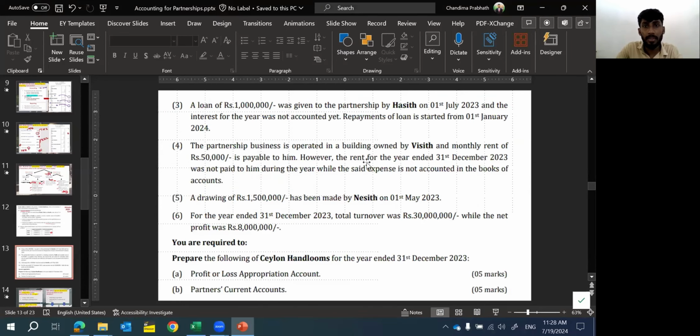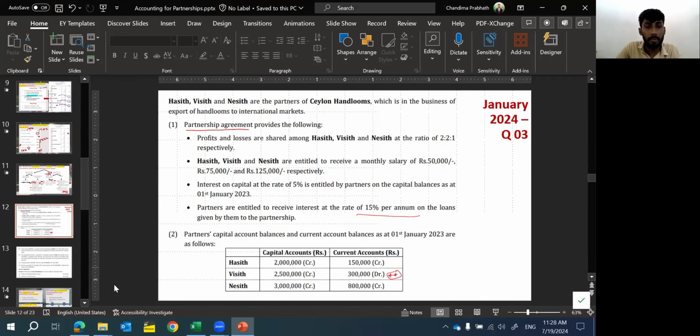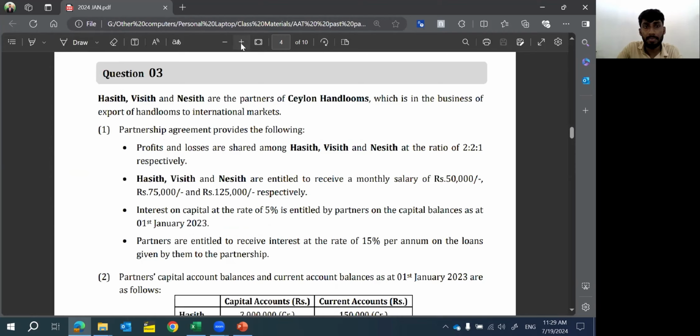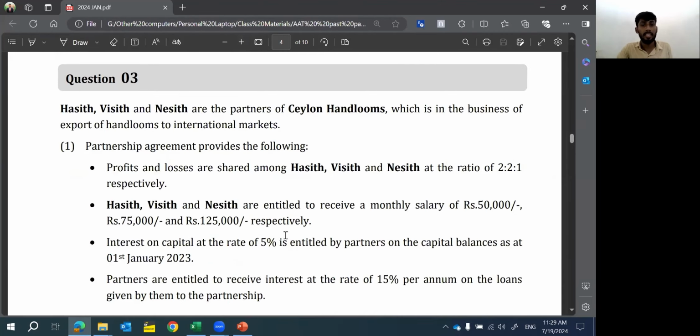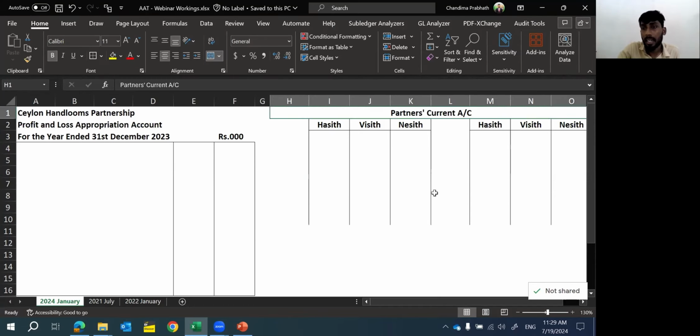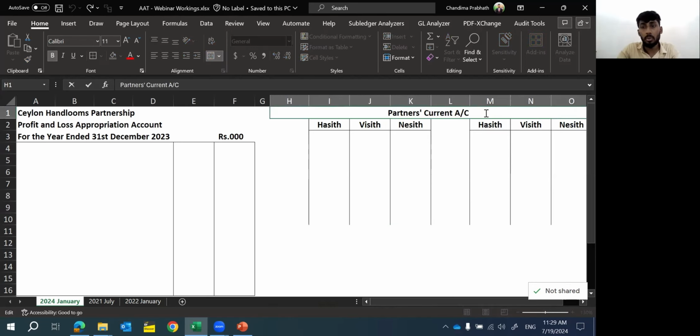Now we have the question here. So let me open the actual paper, so it will be easy for me. This is the paper. Hope you can see, and we can work it out. What we need mainly are two things: the profit or loss appropriation account and the partners' current accounts. I am going to work out this entire question in rupees thousands.